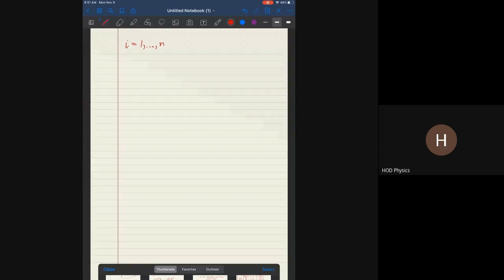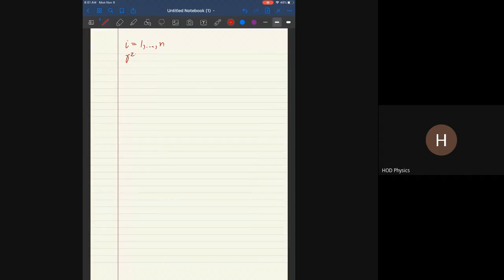For each integer i from 1 to n, we'll define the object gamma^(2i) to be i, the complex number, times A, maybe I should call this j to avoid confusion. So for j going from 1 to n, we'll define gamma superscript 2j to be i times Aj, the annihilation operator, plus Aj star, the creation operator.